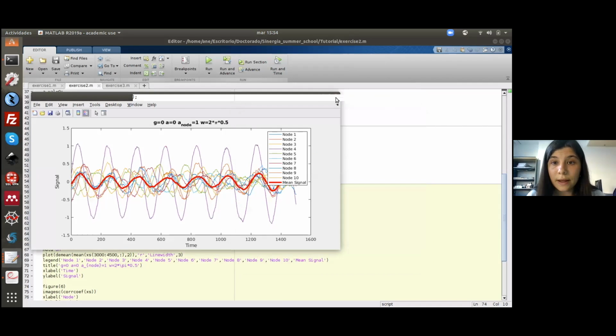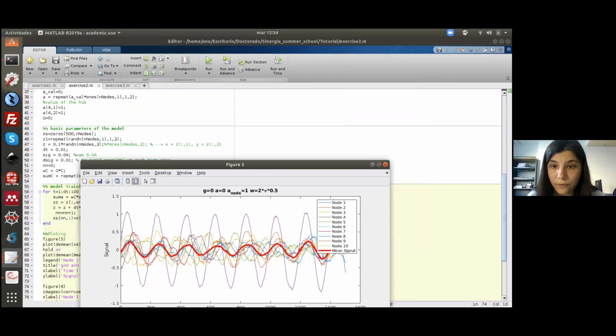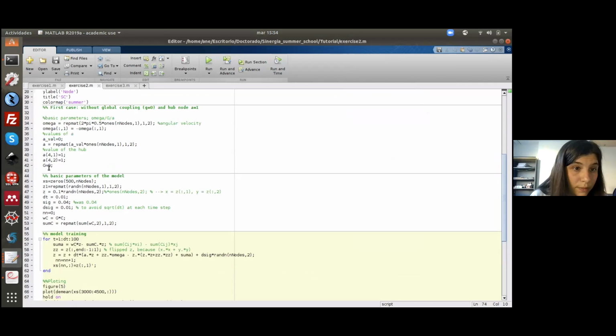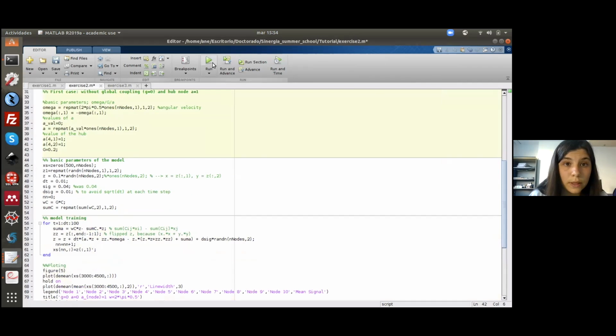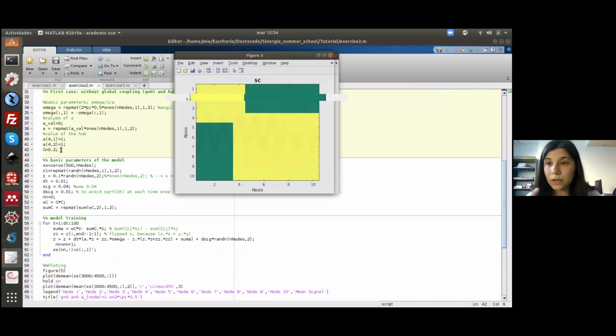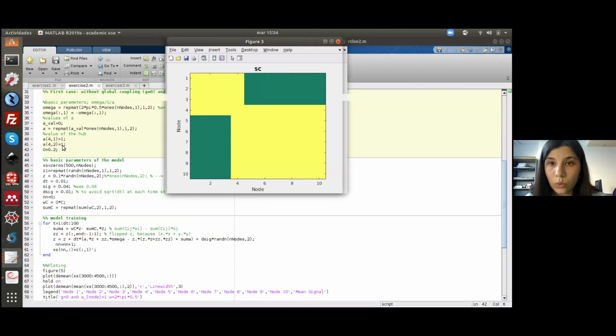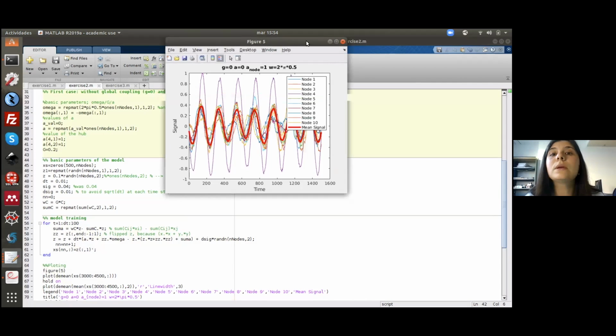If we use another value of the global coupling, for example, 0.2, as we recommend in the exercise or in the PDF, what we are going to see here would be different dynamics, because we will have the coupling, so we will have some interactions between the nodes. So they are going to be interconnected.